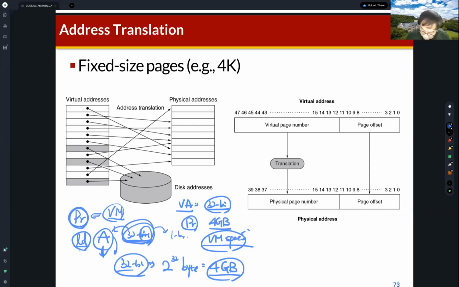The software thinks that it can use this large virtual memory space, but it's not true. As I mentioned, software accesses this virtual memory space using the virtual address.